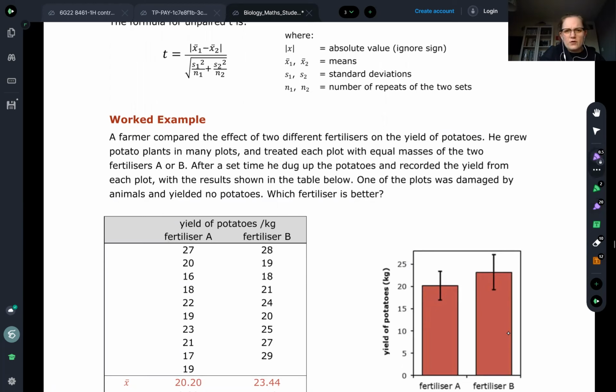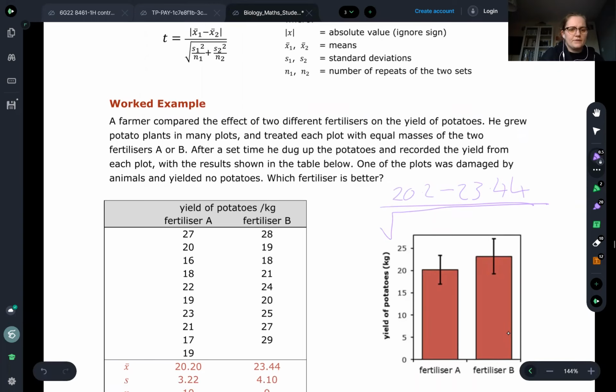So we'd have 20.20, and we're going to take away the mean for the second one, which would be 23.44. Have that over this. So we need the standard deviation of our first sample, which is 3.22.